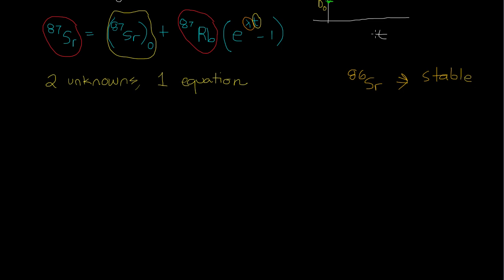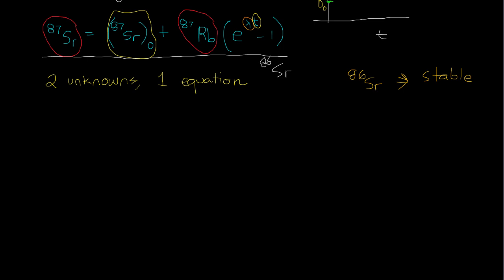So what we can do then is divide this entire equation by strontium 86, the stable isotope of strontium that doesn't change with time, right? Because it's a stable isotope, it doesn't decay.